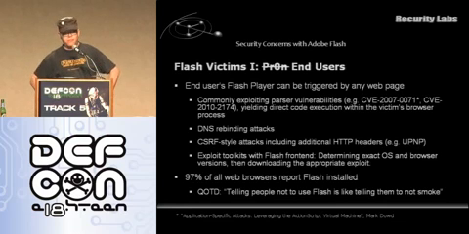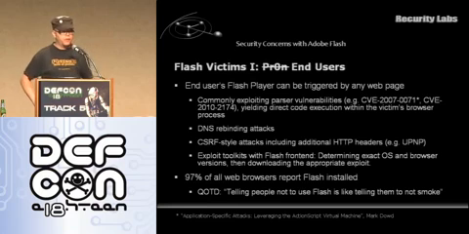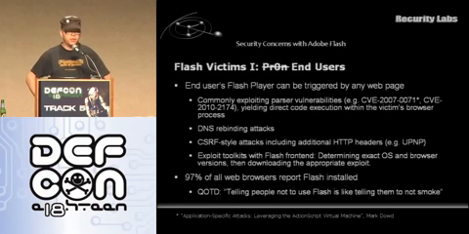So the first type of person that has problems is end users, like you get owned by surfing porn. What commonly happens is you have a malicious Flash file somewhere in a web page, or malicious Flash is loaded up while you're watching the porn in the background. And then your Flash player plugin in a browser gets popped, and, well, you get owned.